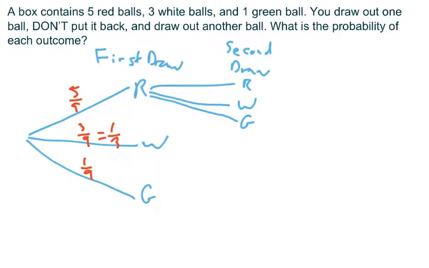And equally important, I no longer even have 9 balls. I started with 9 balls and took one out and didn't put it back, which means there are now only 8 balls, and only 4 of them are red. So the probability of a red followed by a red is 4/8, which reduces to 1/2.